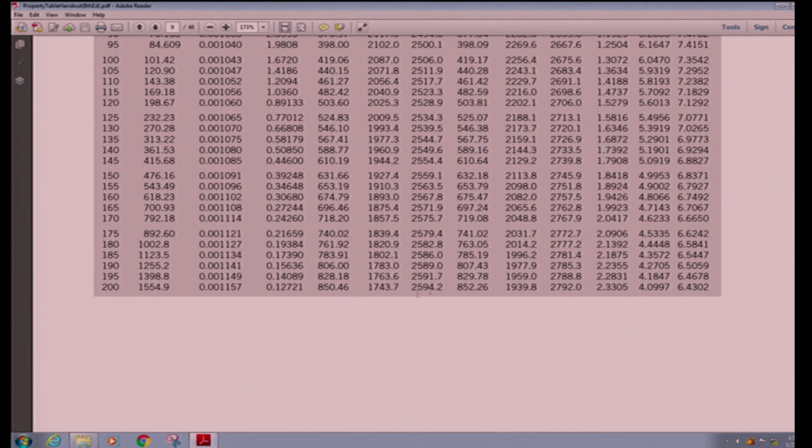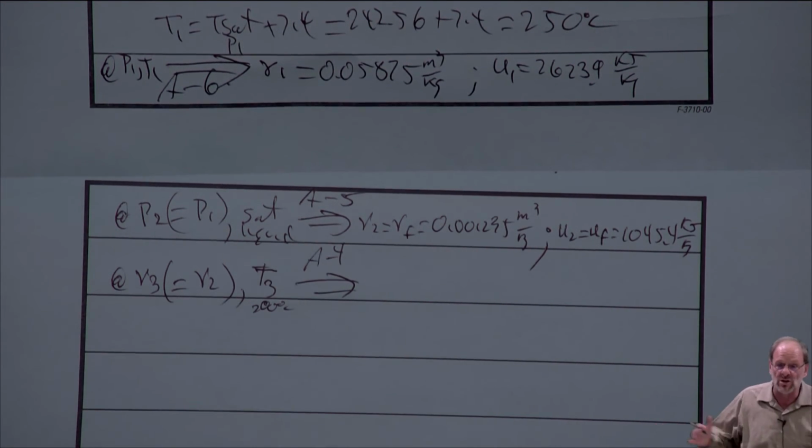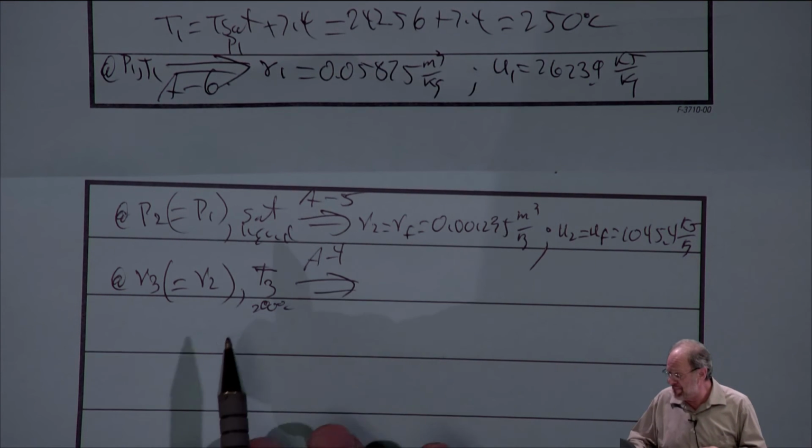Yeah, here we go. So VF is 0.0011, and my specific volume at point 2, which equals my specific volume at point 3, is 0.001235. So 0.001235 is greater than 0.001157, so clearly I'm above VF, and it's a two-phase mixture.